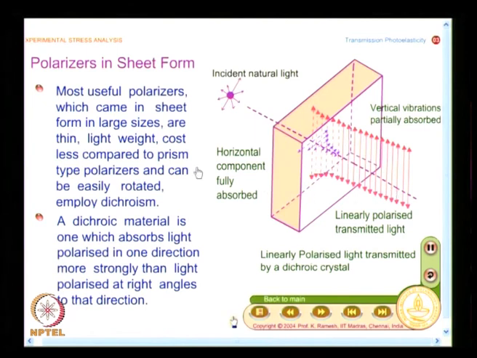And we will continue our discussion further in the next class. And what we have seen today was, we have looked at for a crystal, you have for a single incident beam of light, you have two refracted beams, they travel in the same direction when the incident light is perpendicular to the optic axis of the crystal. And these two waves travel in the same direction, but with different velocities.